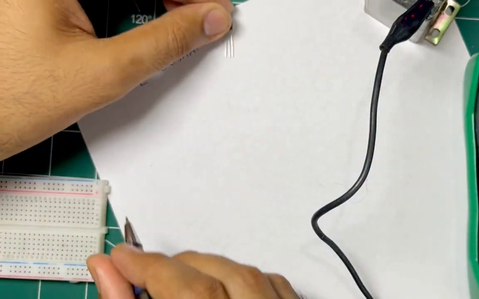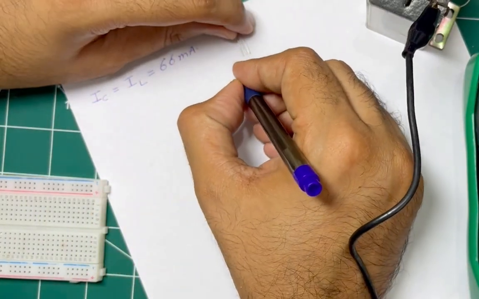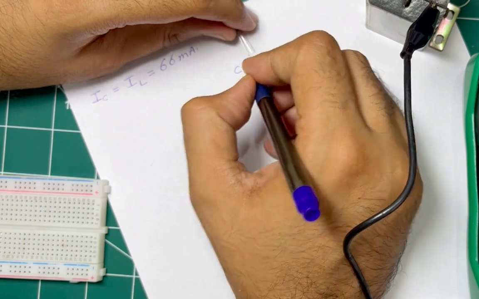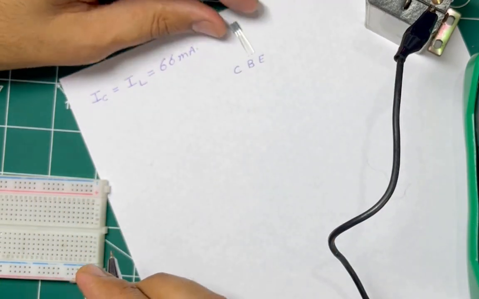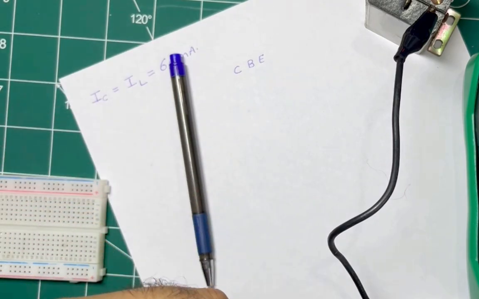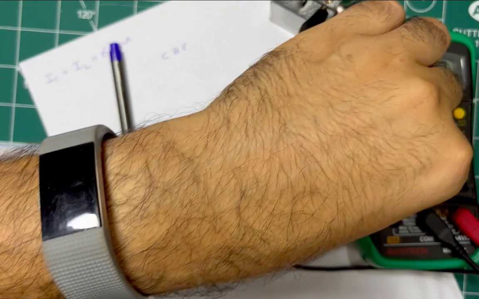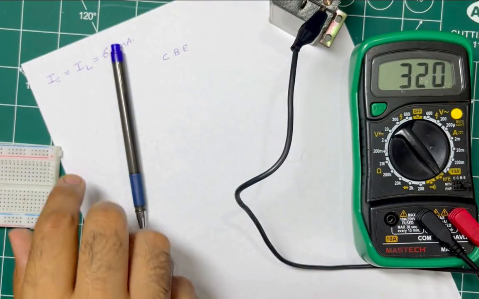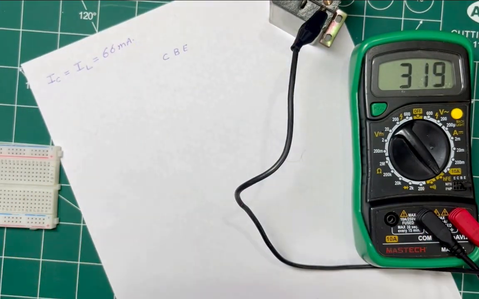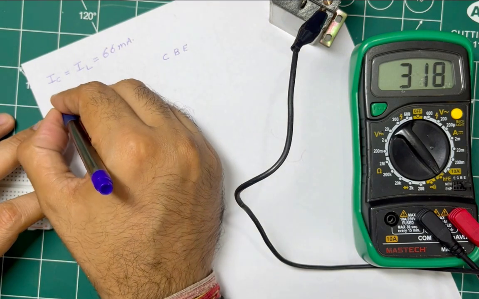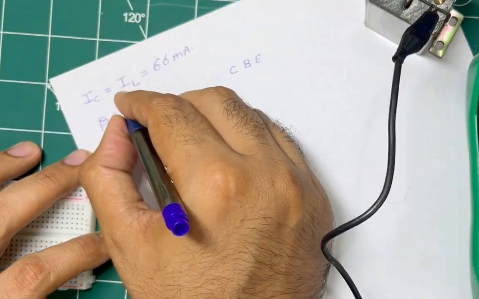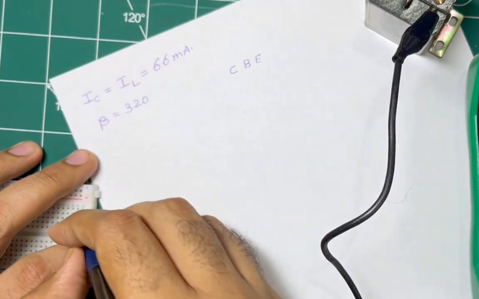As per the pinout, the collector, base, and emitter pins are like this for this transistor. In my multimeter, I'm going to insert the NPN transistor in this fashion so that the pins are aligned with its pinout, and I'm going to move the multimeter into the hFE mode to measure the gain. The beta here comes up to be around 320.